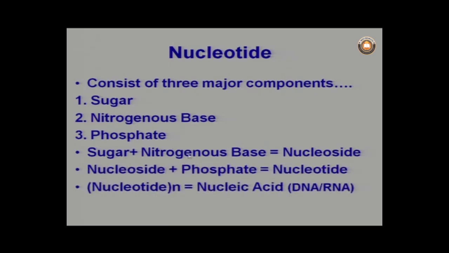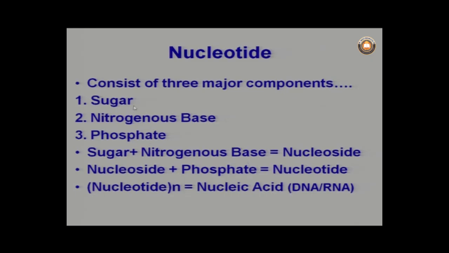Sugar and nitrogenous base combine together to form nucleoside, and nucleoside combined with phosphate forms nucleotide. And as I told you, many of the nucleotides combine to form nucleic acid, which may be DNA or RNA.